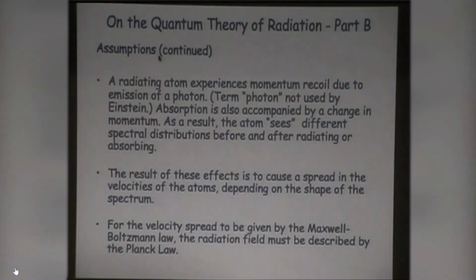But the result of these effects is to cause a spread in the velocities of the atoms, and that spread depends on the shape of the spectrum. Then he proves that for the velocity spread to be given by the Maxwell-Boltzmann law, the radiation field must be described by the Planck law.